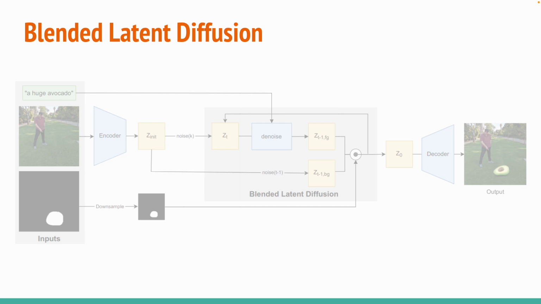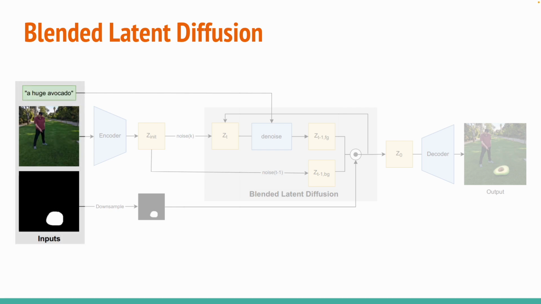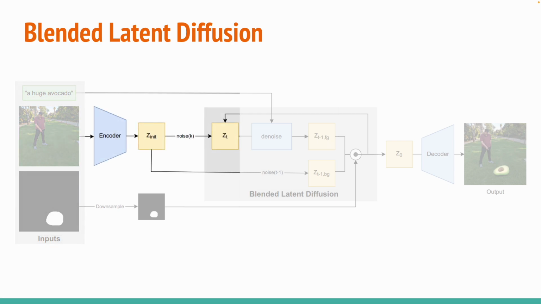In order to convert this text-to-image model to our setting of local text-driven image editing, we suggest incorporating blended diffusion into the latent space in the following way. Given the input image, mask, and guiding text, we start by encoding the image into the latent space and noising it to a certain noise level.